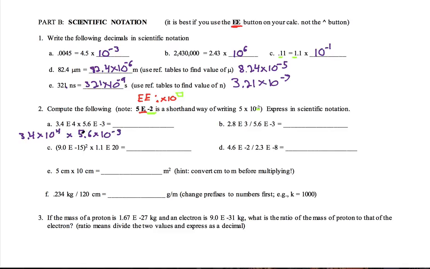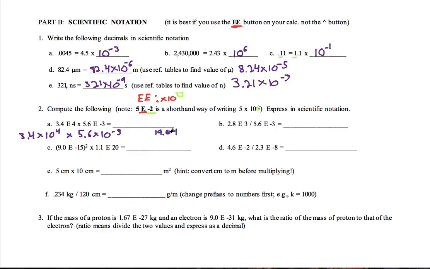So what I do is I do normal multiplication for my 3.4 and my 5.6, and then I keep my times 10 to the something for my answer, and my exponents get added, not multiplied. So if I do 3.4 times 5.6, that's 19.04. Let me write that over here, 19.04.